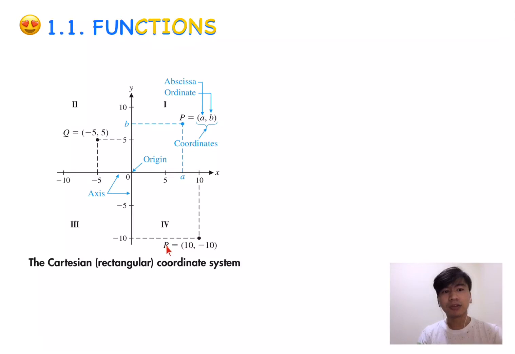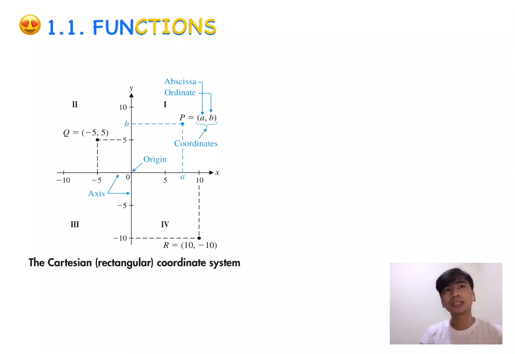As you can see over here, for R the abscissa is 10, which refers to the x value, and negative 10 refers to the y value. For Q over here, negative 5 is the x value, and positive 5 is the y value. So to make it easy, A is always the x value, B is the y value.